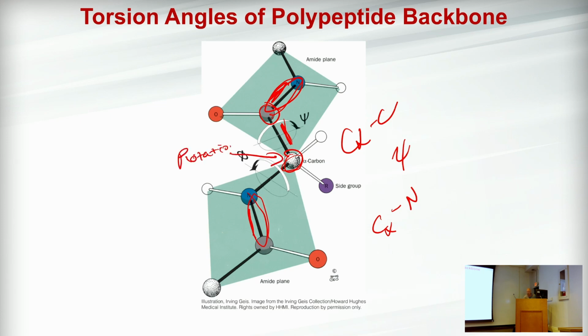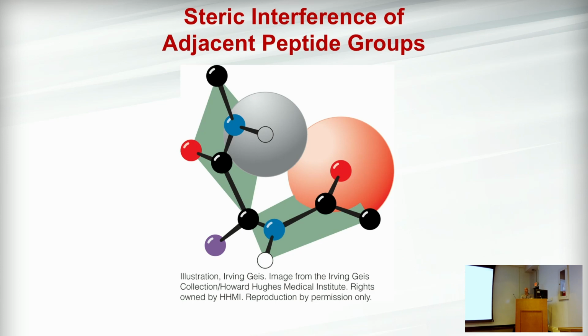But you can imagine that you can't go all the way around, or these planes are going to run into each other. So we talk about psis and phis, right? These are the rotation angles of the backbone. I already told you, you can't rotate all the way around because of steric interference. They run into each other.